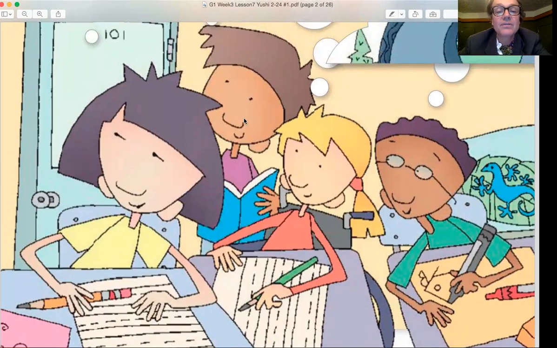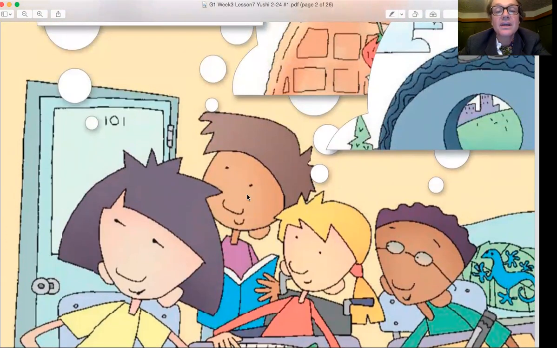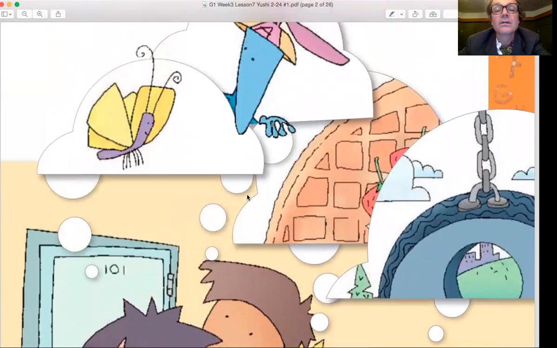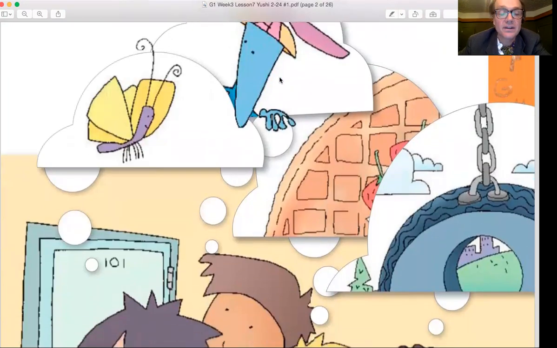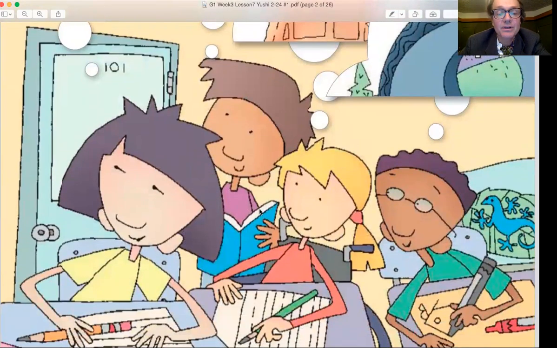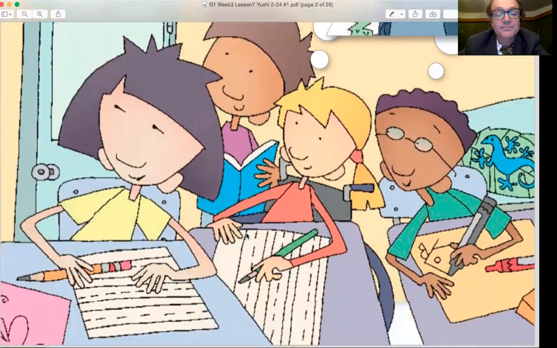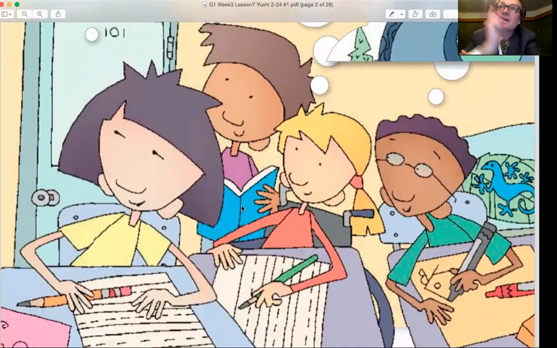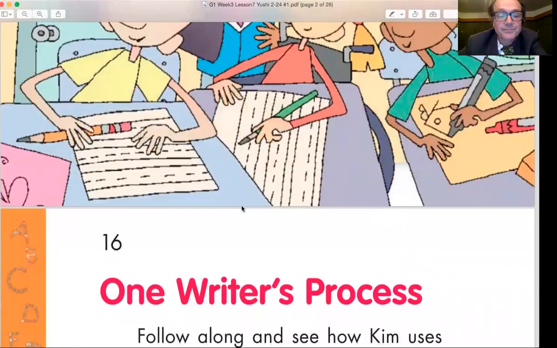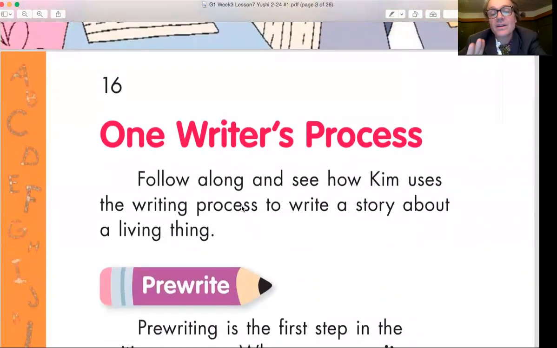I think this gentleman is thinking about a waffle and strawberries, or he's thinking about this blue guy here. But he's reading a book. See that book he's reading? So all of these students are thinking about something that they might write. So that's one writer's process.